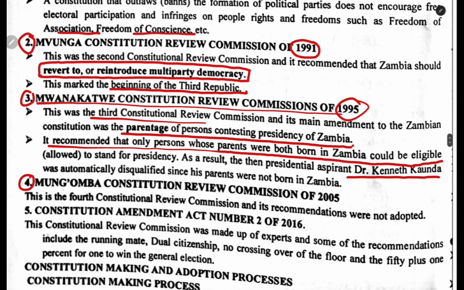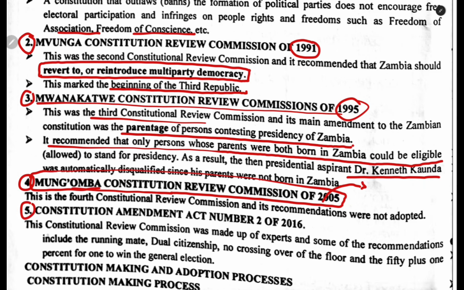Then the fourth one that we can talk of is the Mungomba Constitution Review Commission, of which the recommendations remain unknown. But what I would ask you is to find out what the recommendations were in this Constitution Review Commission. And of course, I might say they were not adopted, but we need to know what the recommendations were.